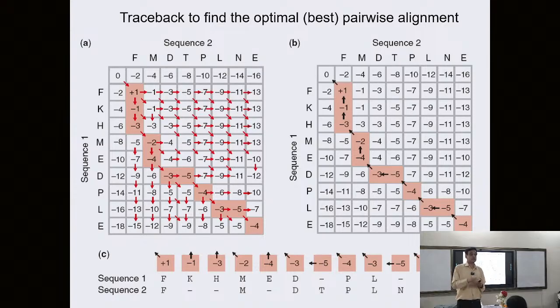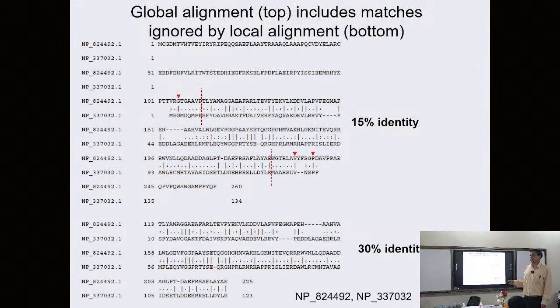So you are not focused on regions, you are just focused on the entire sequences. And that is why you have the negative scores and keep extending, because you want the best alignment for the entirety of the two sequences. Due to this, you may not be able to identify domains in sequences using the global alignment algorithm.